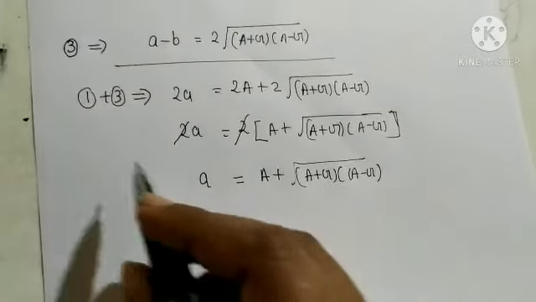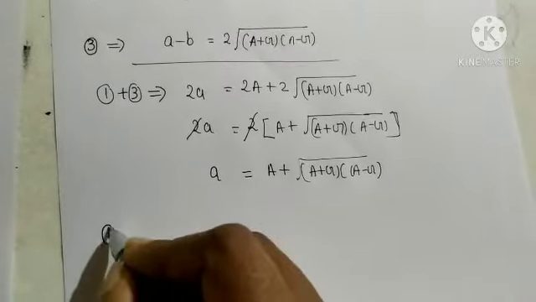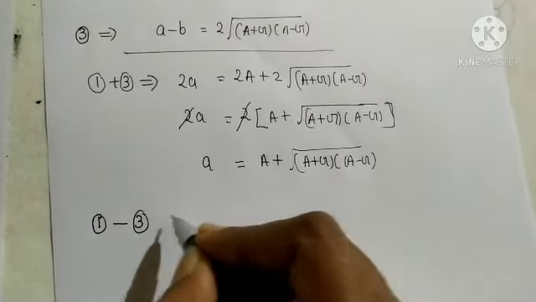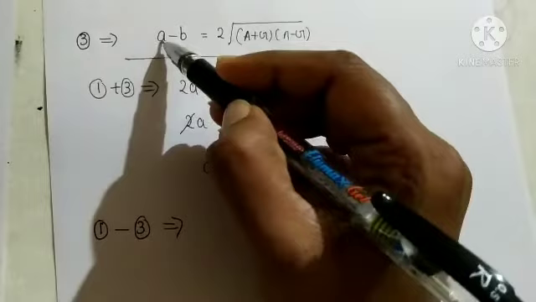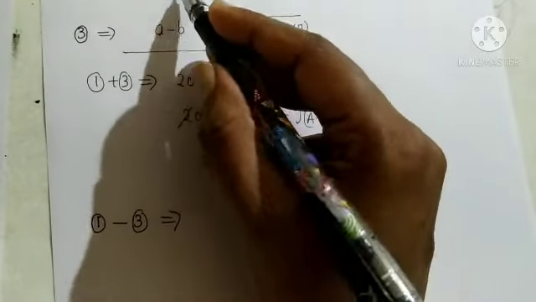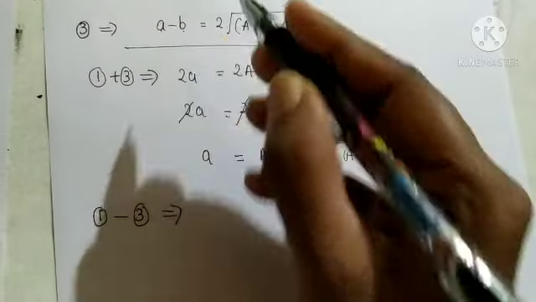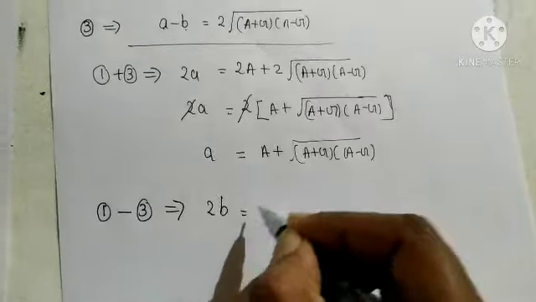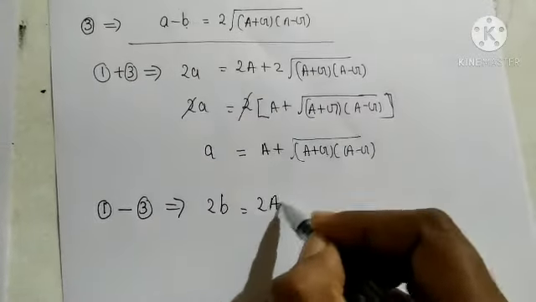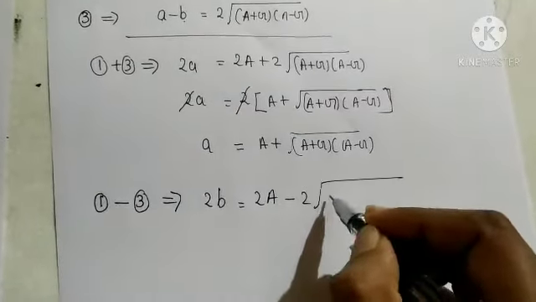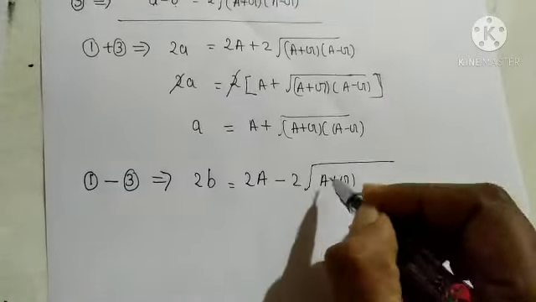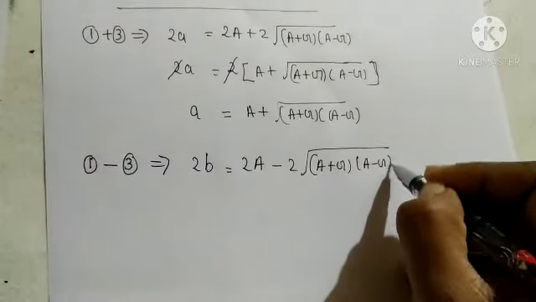Again I'm going to subtract these two equations. So a minus a will become 0, b minus of minus b will become 2b, equal to 2A minus 2 root of (A plus G)(A minus G).